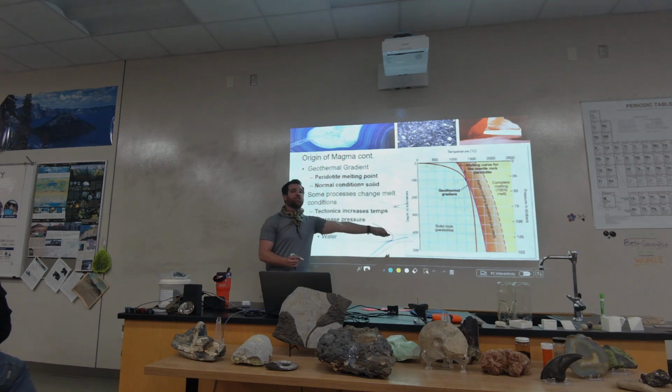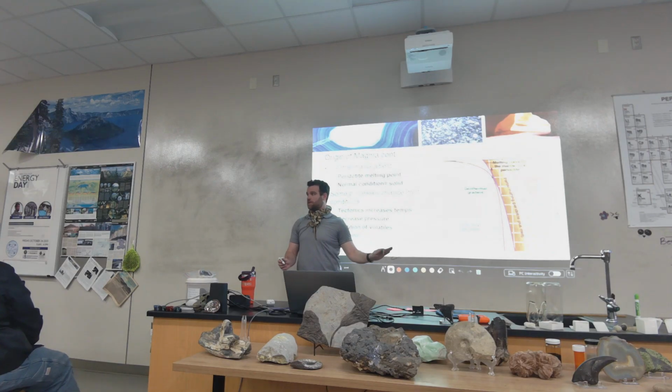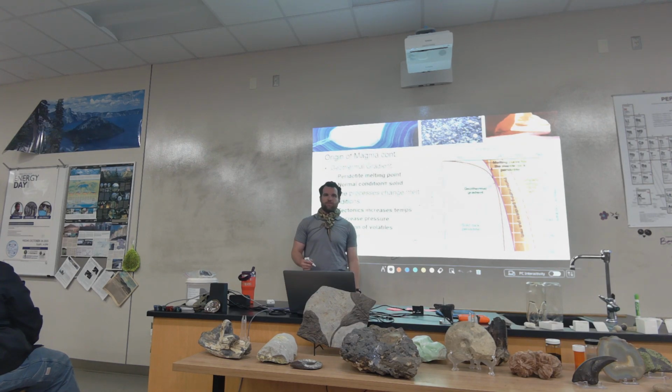And as it is getting shoved, subducting underneath my continental plate, what's going to happen to that water? It's going to heat up. And what does water do when it heats up?